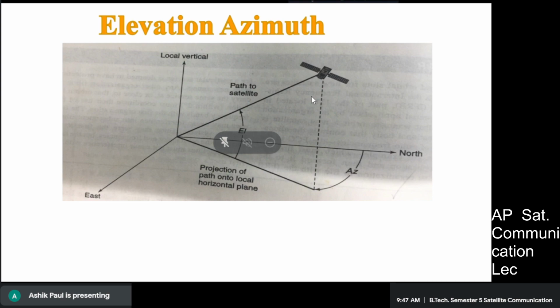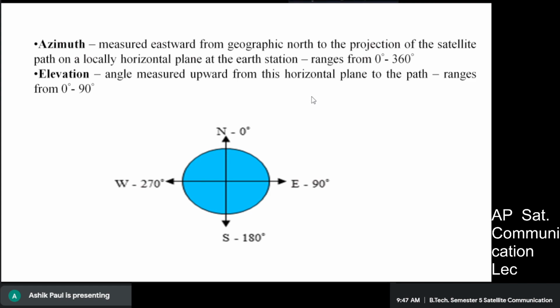In case of elevation, theoretically the range could be that an object is right on the horizon, meaning its elevation is 0 degree, or it could be vertically overhead, when the elevation will be 90 degree. It cannot be anywhere outside this particular range.